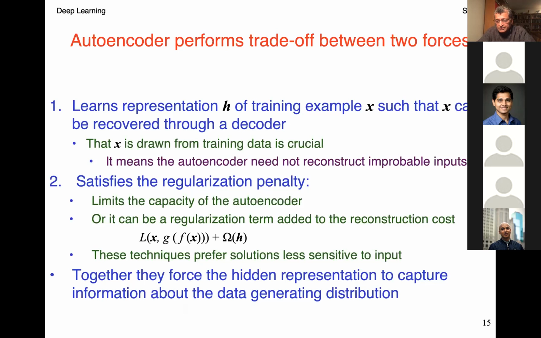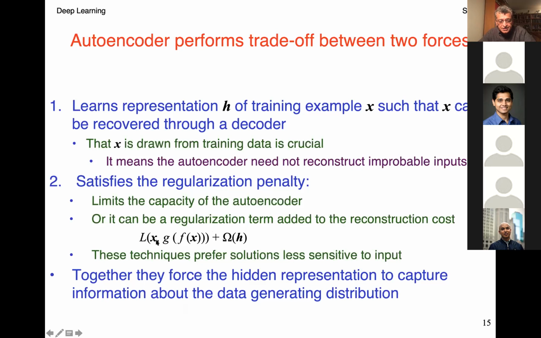We don't want an exact representation; it's a lossy representation. Either they limit the capacity or a regularization term is added to the reconstruction cost, just like we saw in standard neural networks, standard linear regression, standard linear classification. We have a regularization term, omega of h, and that is added to the loss function.